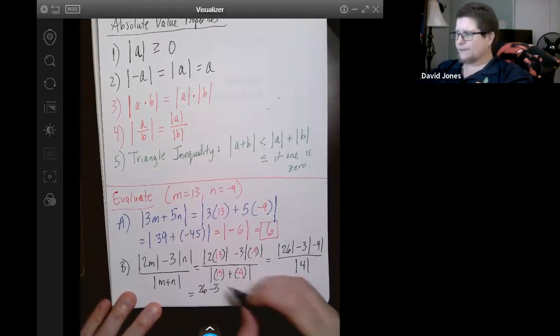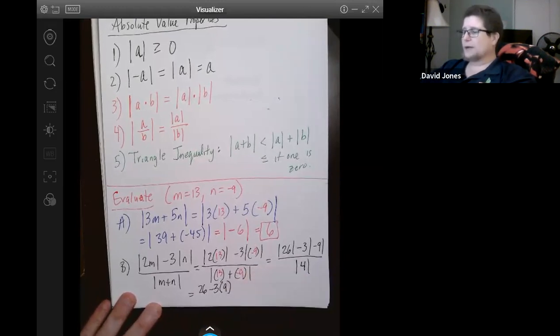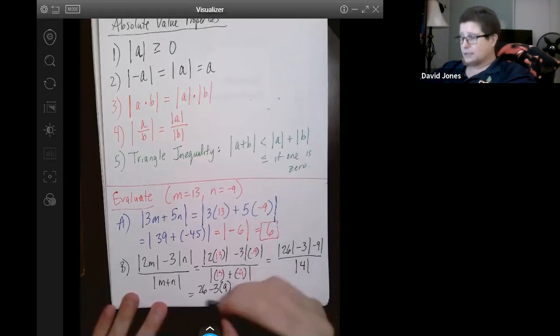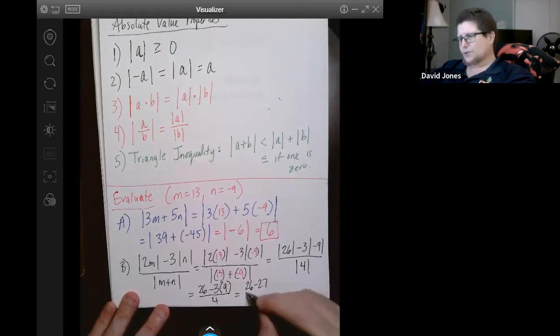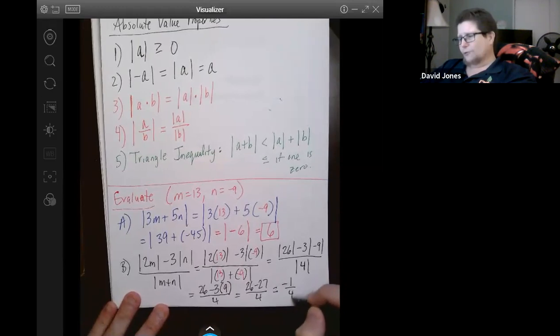We do the absolute value sign first. That becomes +9. When you take it out of the absolute value signs, you can make a parentheses positive version. 3 times 9 is 27, so we've got 26 minus 27 over 4, and we end up with -1 over 4, or -1/4 with a negative out front.